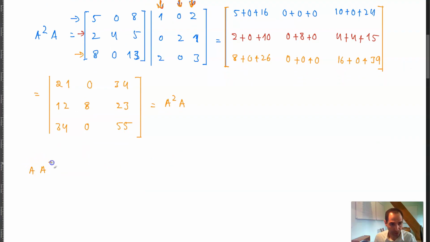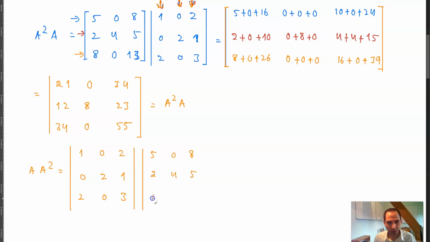A times A squared is the same thing as this basically the other way around, meaning that 1, 0, 2, 0, 2, 1, 2, 0, 3, and times A squared, which is basically 5, 0, 8, and 2, 4, 5, and 8, 0, 13.